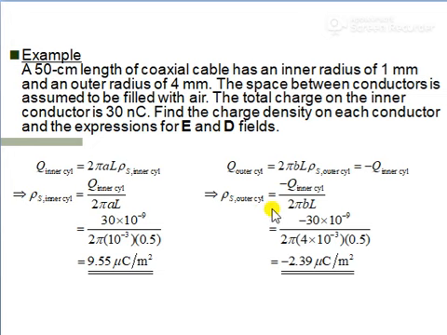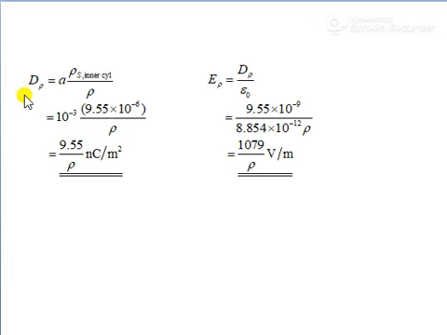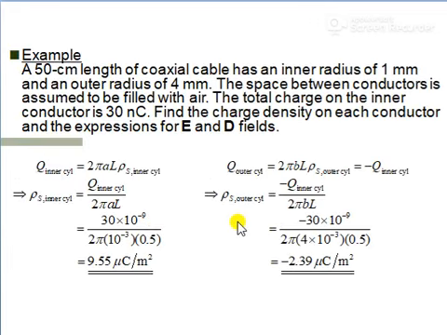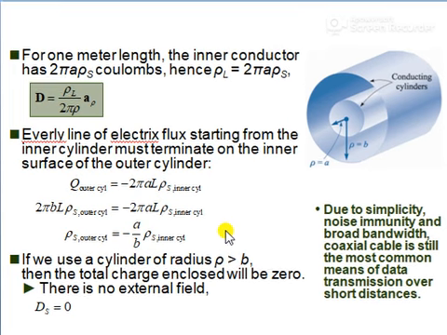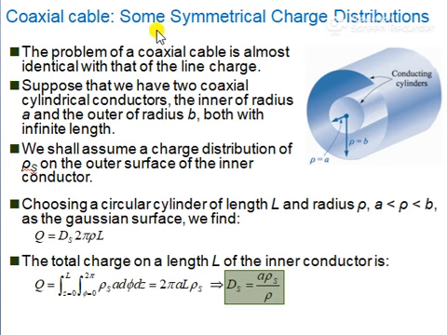These are the charge densities, and this is the expression for D and this is the expression for E. So this is a problem on coaxial cable. Based on these equations we can find the coaxial cable values, which is nothing but due to some symmetrical charge distribution.